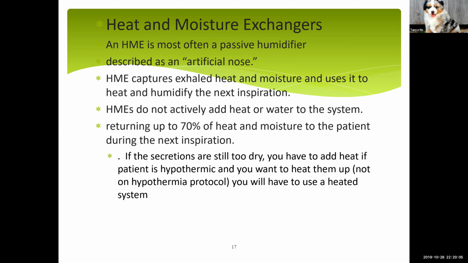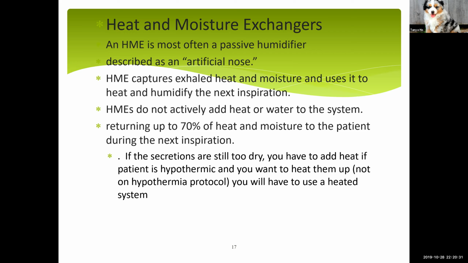Just kidding. You can put it in the patient's airway, and essentially it's a wick type, with a little sponge-looking material that increases the surface area where gas and moisture are in contact with each other. As the patient exhales, the heat and the condensate in our exhaled gas gets trapped in the HME.